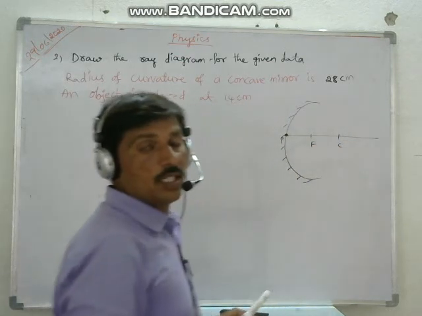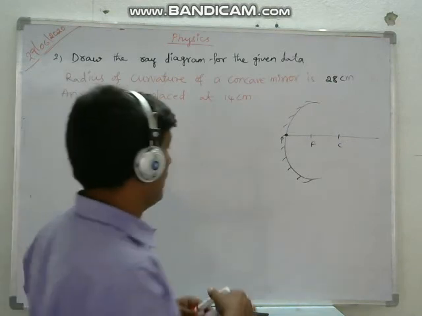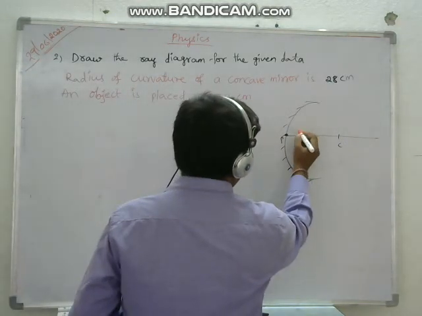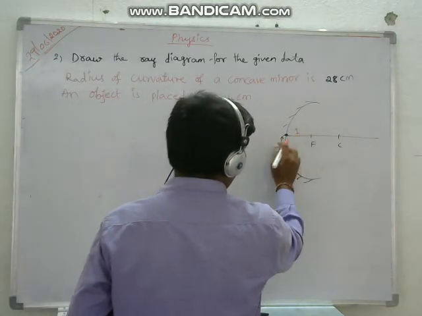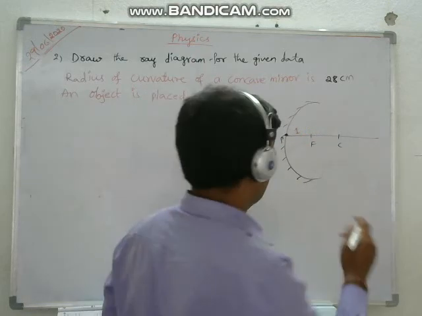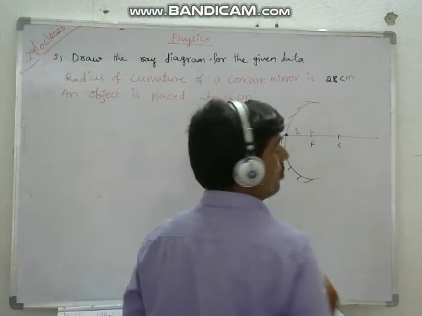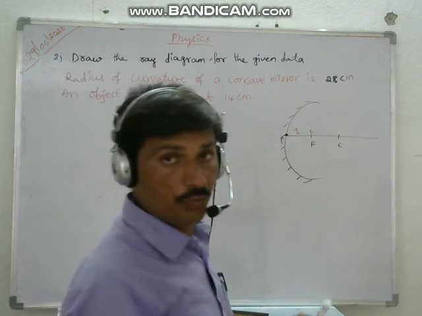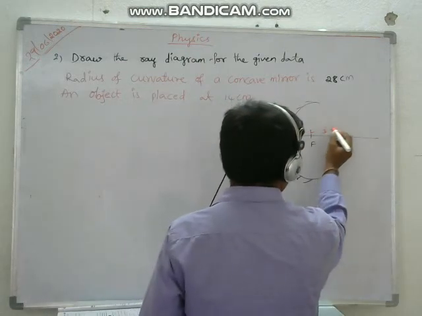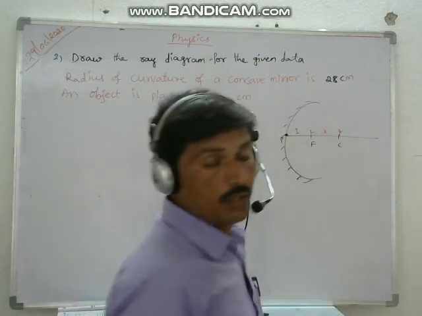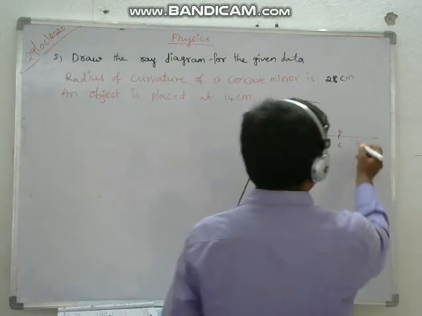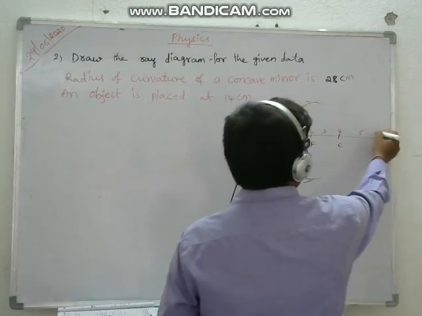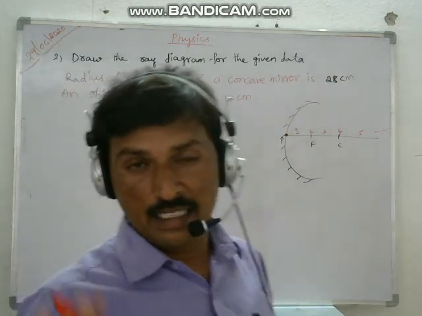The first position of the object is between P and F. Second position is at F. Third position is between F and C. Fourth position is at C. Fifth position is behind C. Sixth position is at infinity.